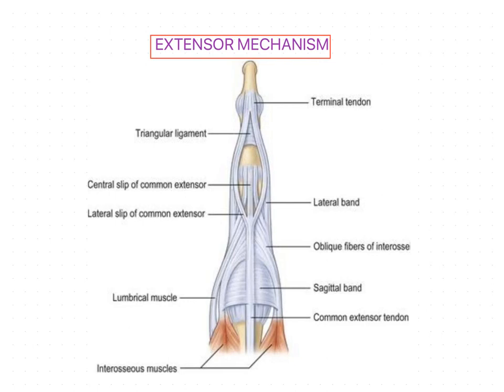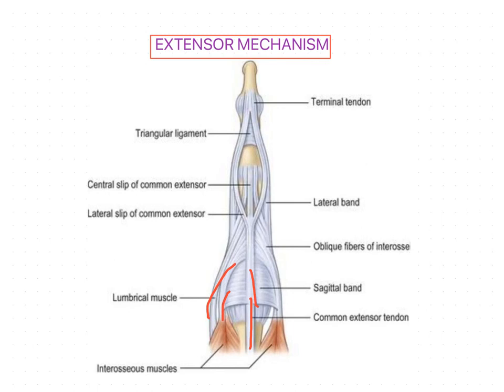The structure of the extensor mechanism of each finger is made up of the extensor digitorum tendon and its connective tissue expansions and fibers from the tendons of the interossei as well as the lumbricals.